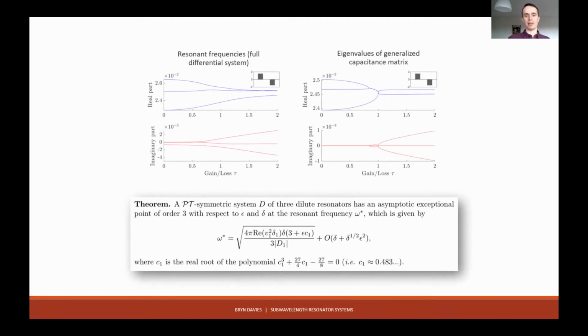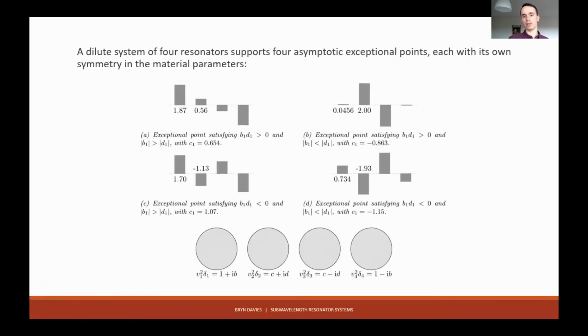And we can take this method further and study larger systems still. While a system of 3 resonators has only one third-order sub-wavelength asymptotic exceptional point, a system of 4 resonators has 4 of these points, so 4 different parameter values that give rise to such a degeneracy. In these plots A to D, we're showing the imaginary parts of the material parameters at each of these exceptional points.